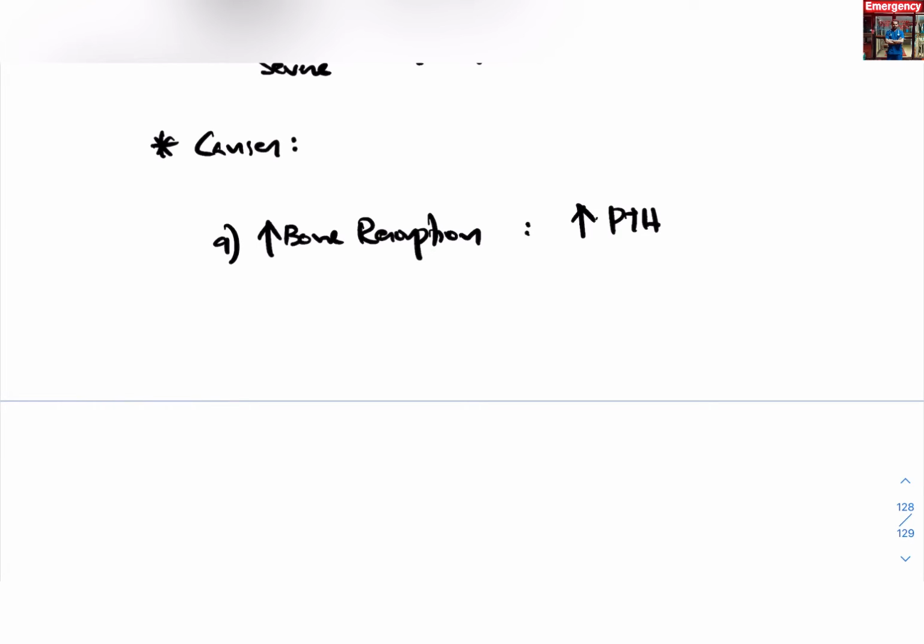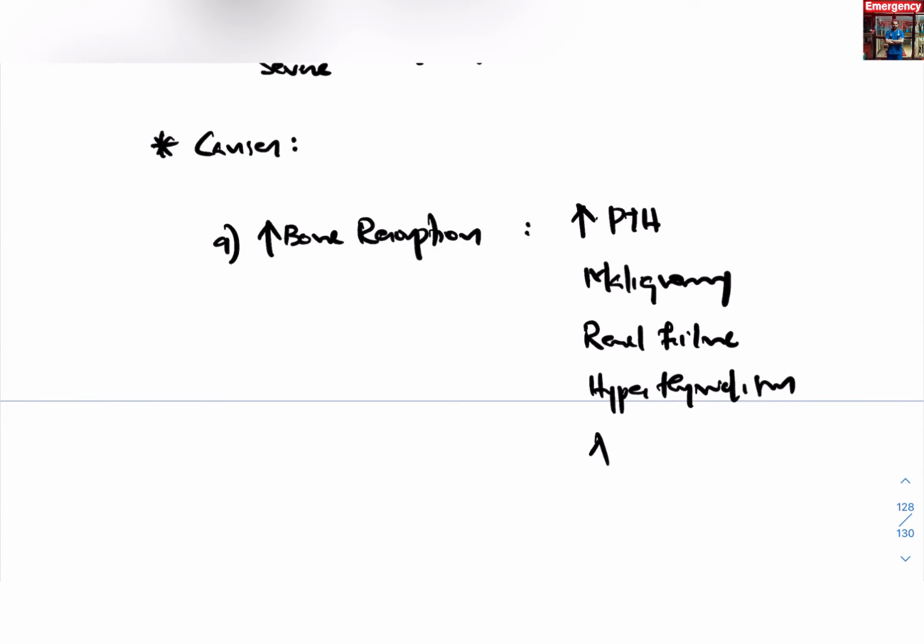Then we discuss the causes. Here also there are three broad causes for hypercalcemia. The first one is increased bone resorption. It is seen in hyperparathyroid states, malignancy, renal failure, hyperthyroidism, and Addison's disease.